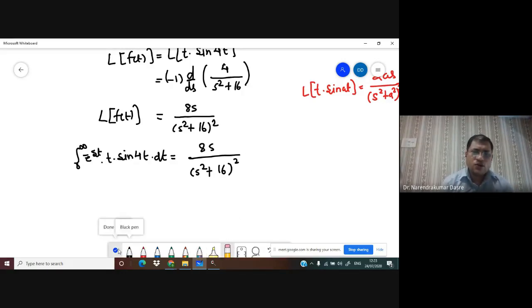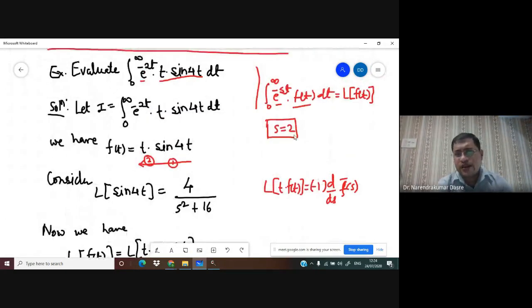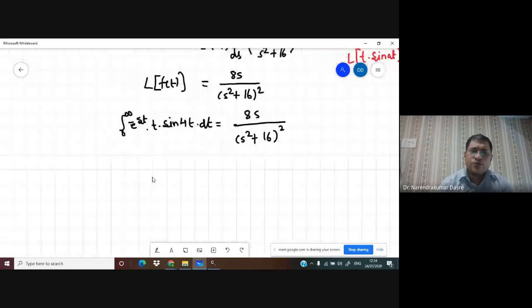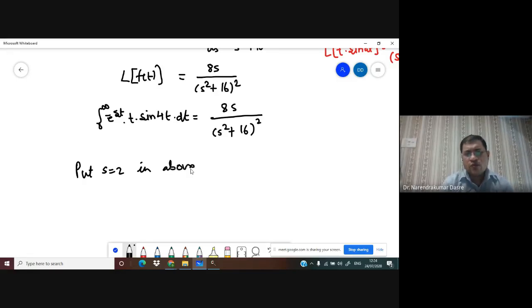Now, in the very beginning we identified that s is equal to 2. So if I put s is equal to 2, then only I'll get this integral. So whatever we have obtained, we have to put s is equal to 2 in the above equation.